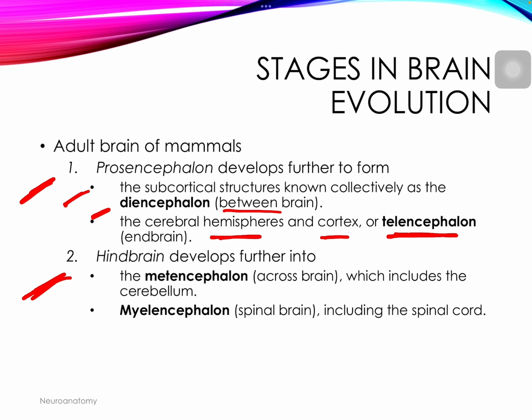Now, when it comes to the hindbrain, that's split into two major parts in the mammalian brain: the metencephalon, which is referred to as the cross brain, which includes the cerebellum, and the myelencephalon, which is the spinal brain, including the spinal cord.